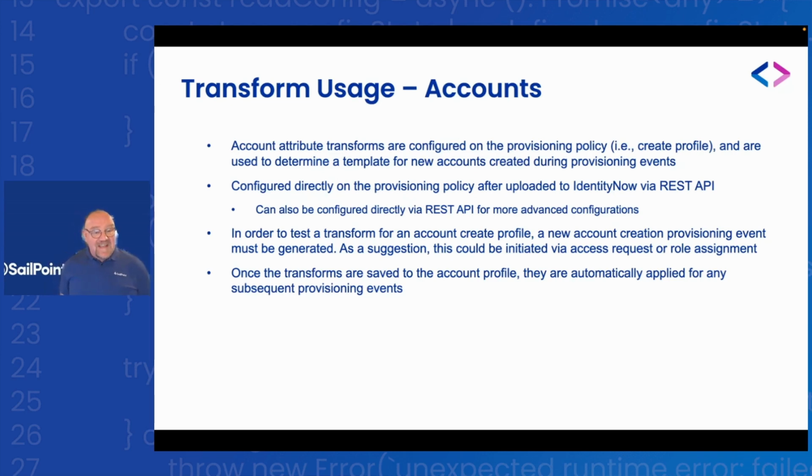And in order to test it, you need to trigger a create account via IDN, which could be just requesting some access or a role. Once you've done that, they automatically apply to all provisioning events as well. Again, I would test these in a lower environment.